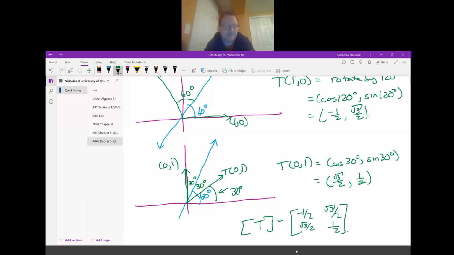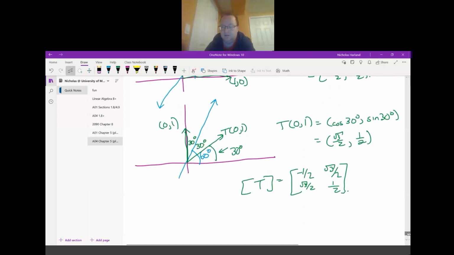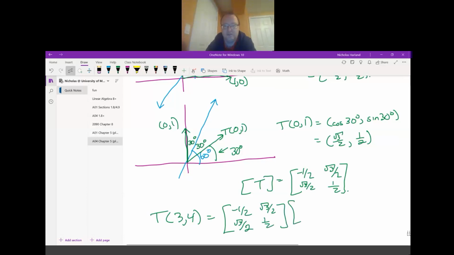And once you get the standard matrix, you could multiply it by anything to get the actual answer to the question, which I think was what happens to 3, 4. So T of 3, 4 would be this times 3, 4, which is negative 3 over 2 plus 2 root 3, and 3 root 3 over 2 plus 2.